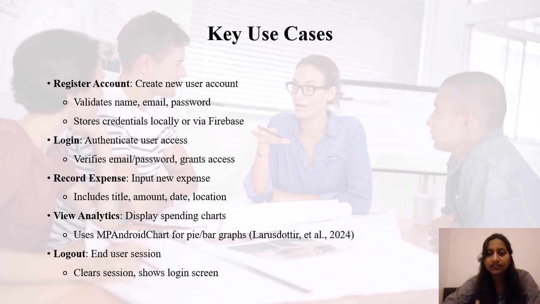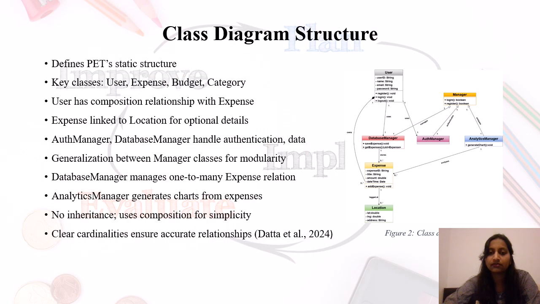The analytics functionality, based on MPAndroidChart, presents spending patterns in visual images such as pie charts, and a secure logout ends the session. Such use cases make PET address user needs efficiently. Each process from validation to data storage is implemented for reliability, and then we will see how the class diagram strengthens these functionalities with structure and architecture.